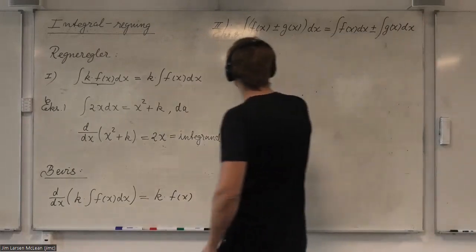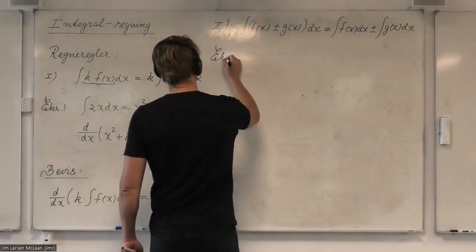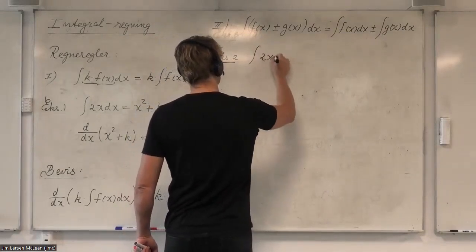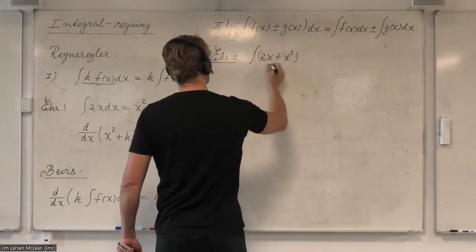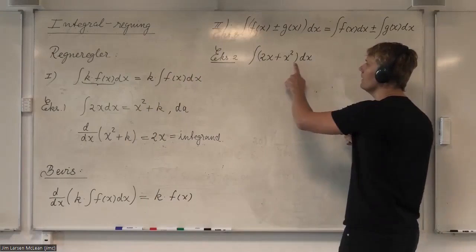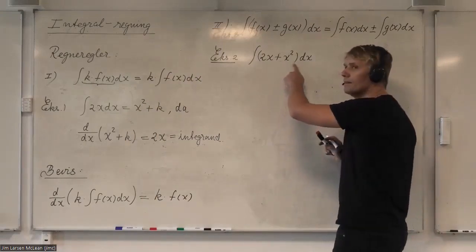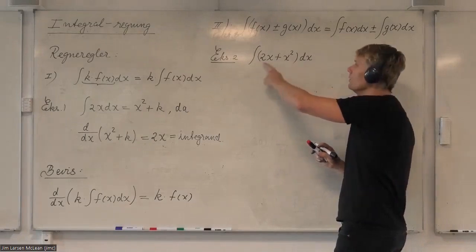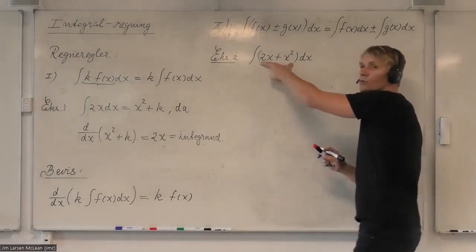As an example, take the integral of (2x plus x squared) dx. Just notice one thing here. Many mathematicians don't write the bracket that I've written here, but you should. Why should you write a bracket around the integrand?